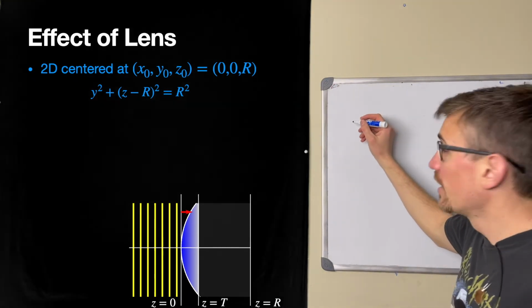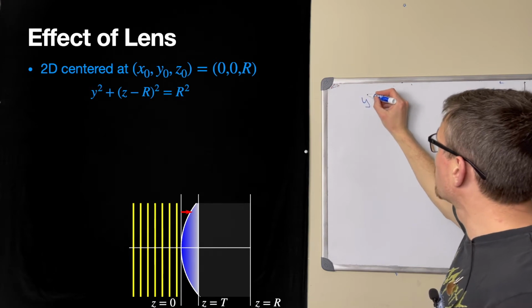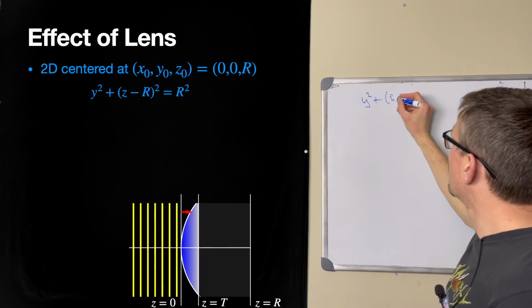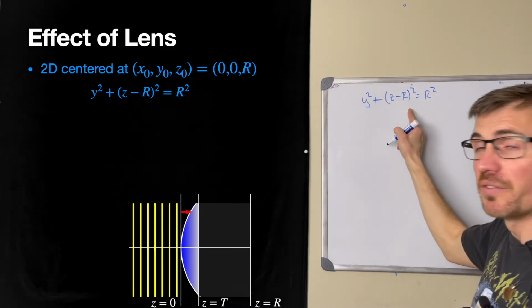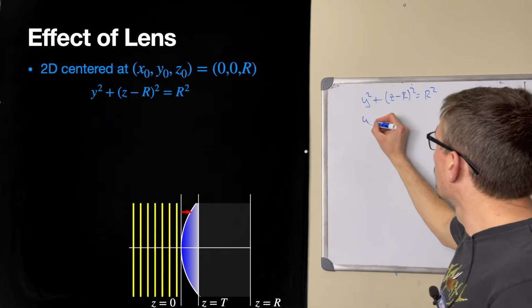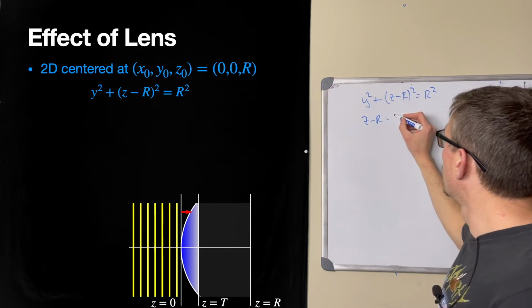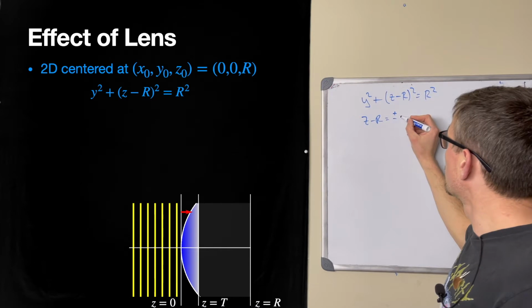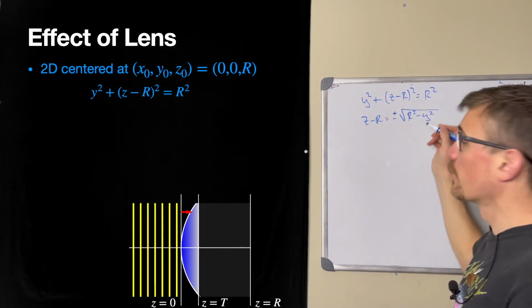Our equation for this case looks like (y minus y naught) squared plus (z minus r) squared equals r squared. That's our equation for our sphere. Therefore, z minus r is equal to plus or minus the square root of r squared minus y squared, if we get the y over to the other side.